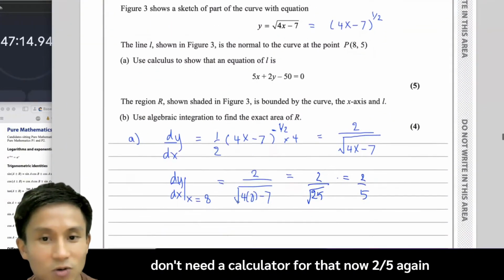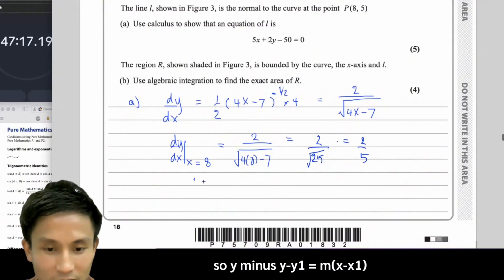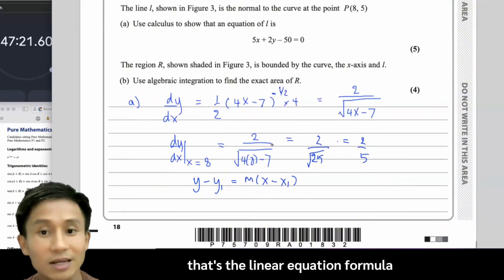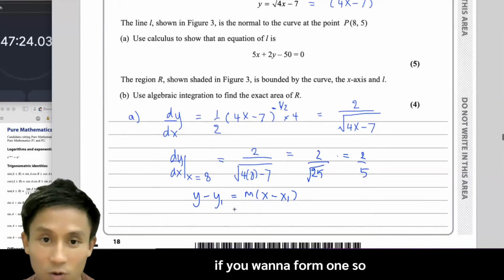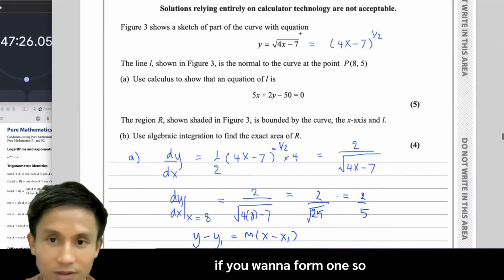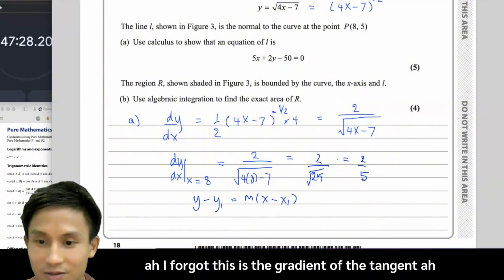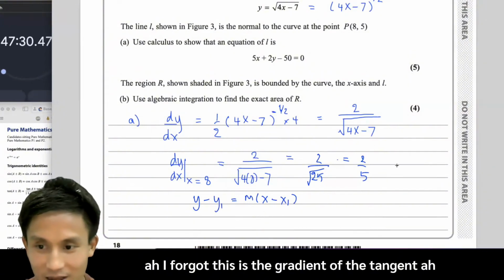Now, 2 over 5, again, we're going to use the formula here. So y minus y1 equals m times x minus x1. That's the linear equation formula, if you want to form one. So, I forgot. This is the gradient of the tangent.